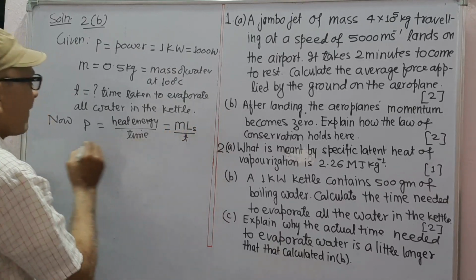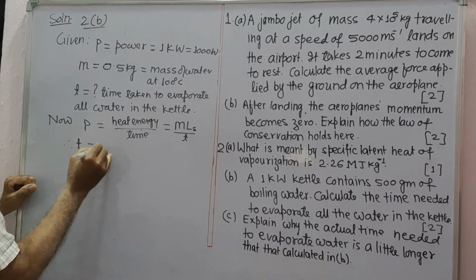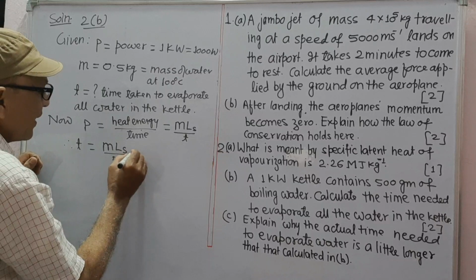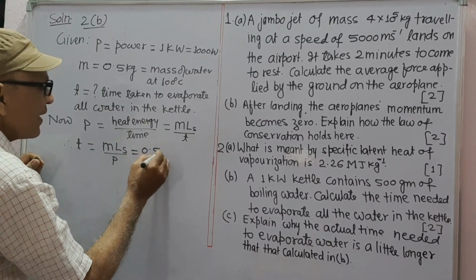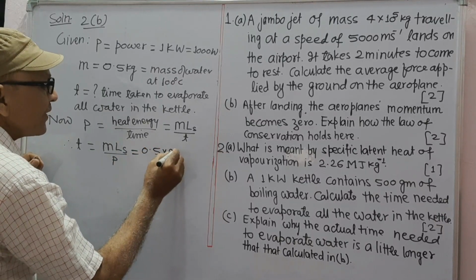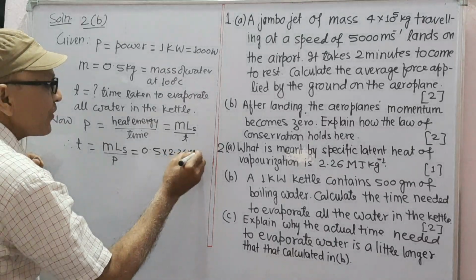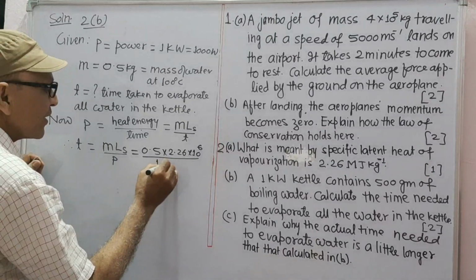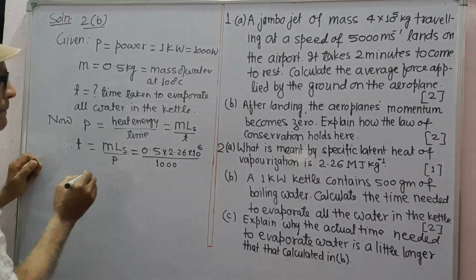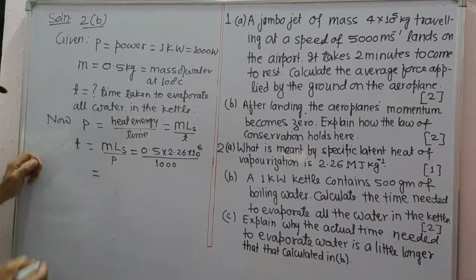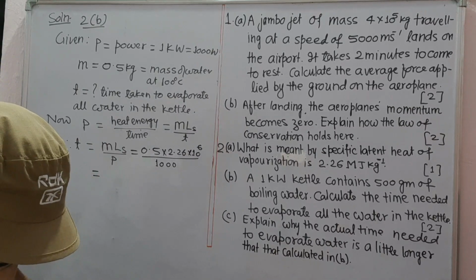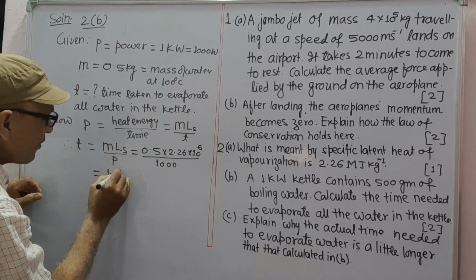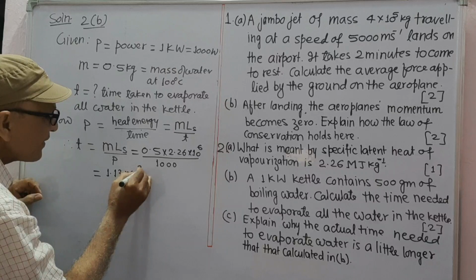Therefore time will be equal to m into L of steam upon power. M is 0.5, L of steam is 2.26 into 10 to power 6 upon P is 1000. This gives required time as 1.13 into 10 to power 3 seconds.